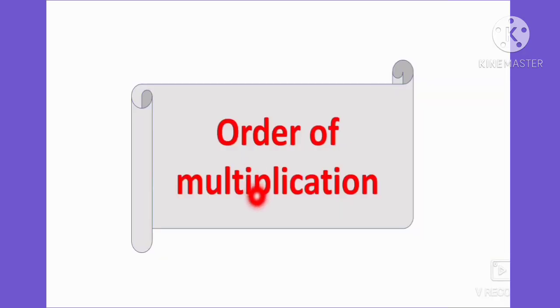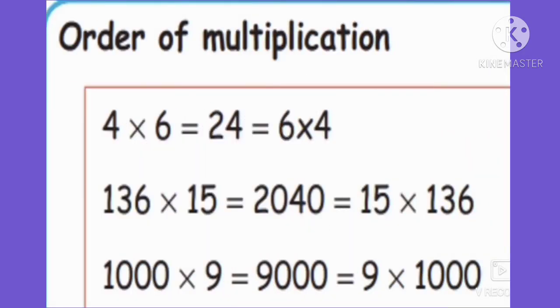Children, order of multiplication. The order of multiplication says that the product of two numbers does not change if we interchange the order of numbers, isn't it? For example, 4 into 6 is 24.